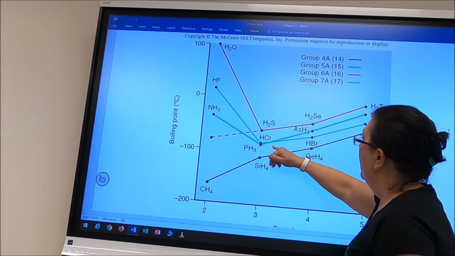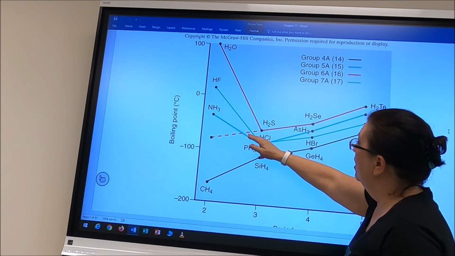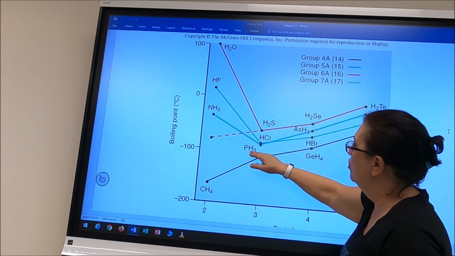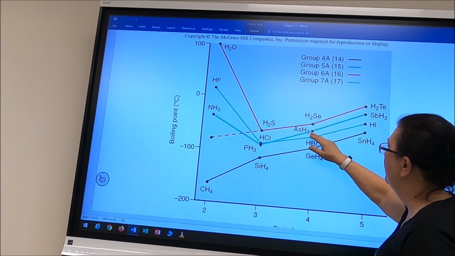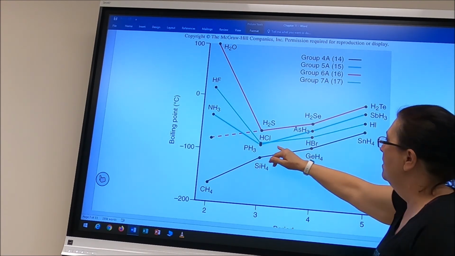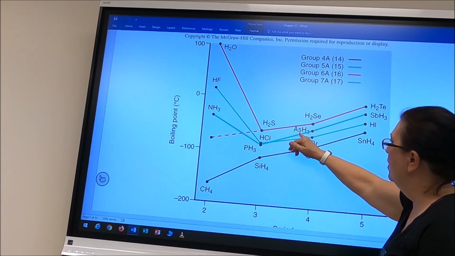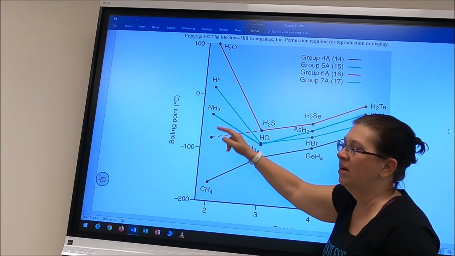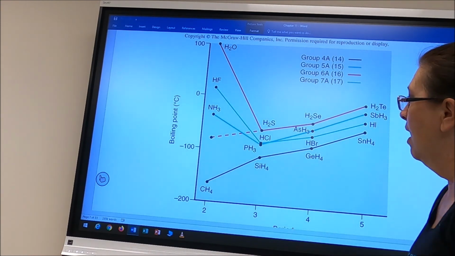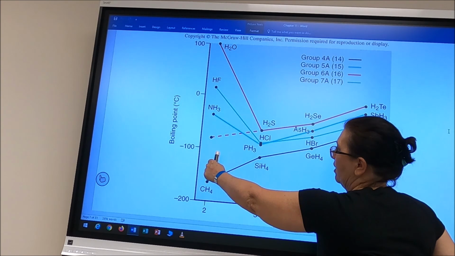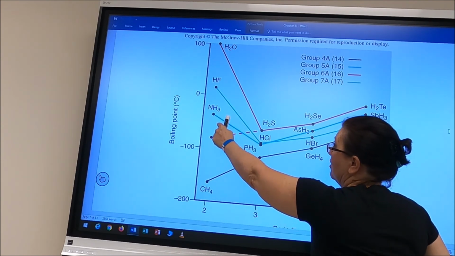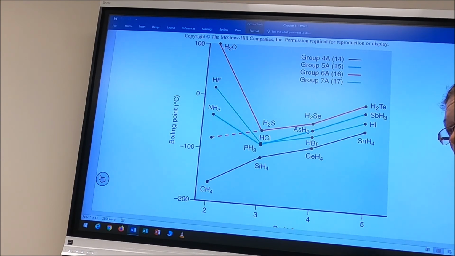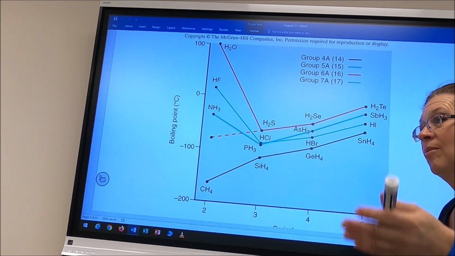If we look here though with ammonia, NH3, and then PH3, AsH3, and SbH3, for the phosphorus, the arsenic compound, and the antimony compound, the trend holds, but notice the nitrogen's way out of line. We'd expect it to be down in here based on size. The reason that it's out of line is because the nitrogen has that lone pair of electrons, and it can hydrogen bond.